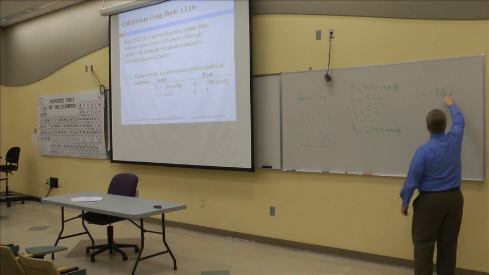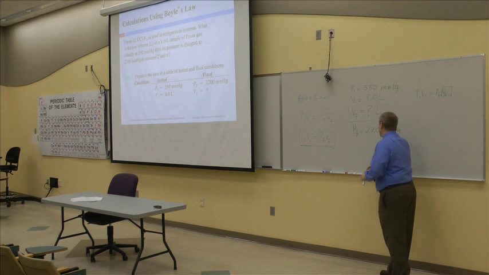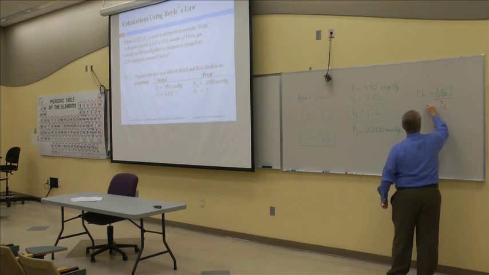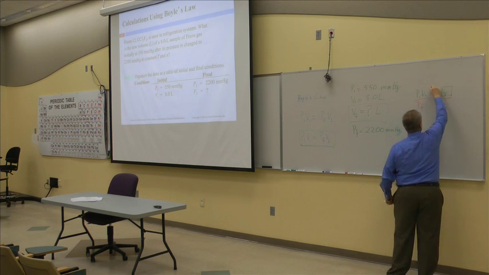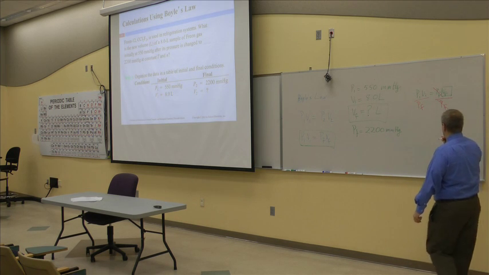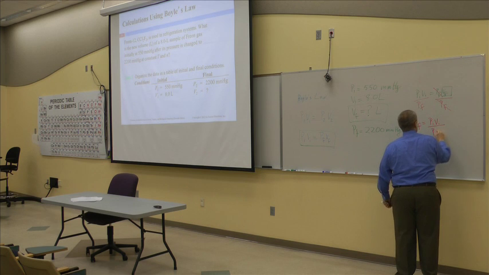I need to get that thing all by itself. So how do I do it? I divide both sides by PF. The PFs cancel, yes? Leaving me with a new formula. VF equals PI VI over PF.